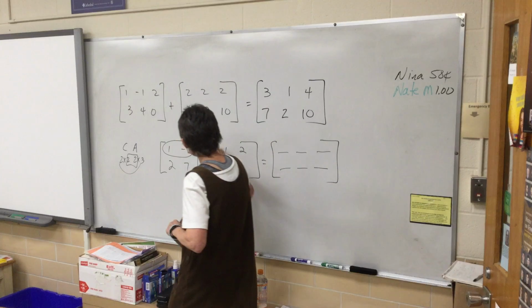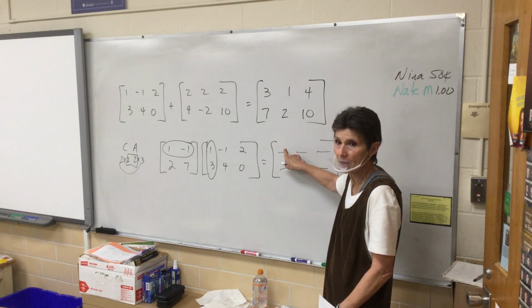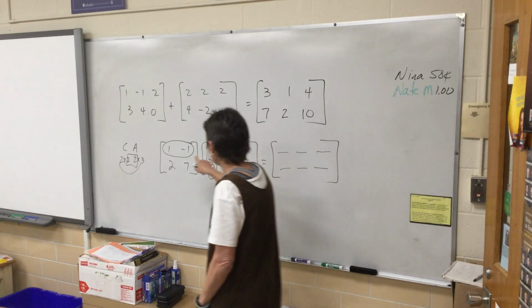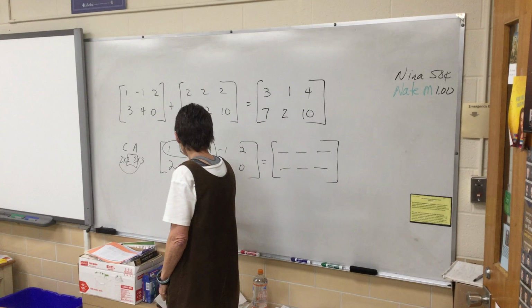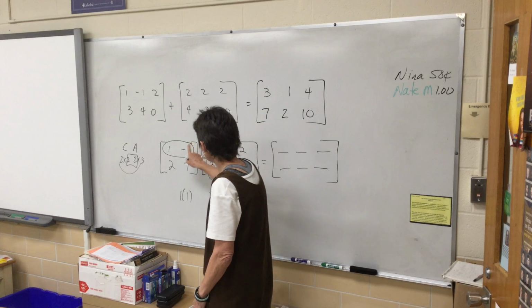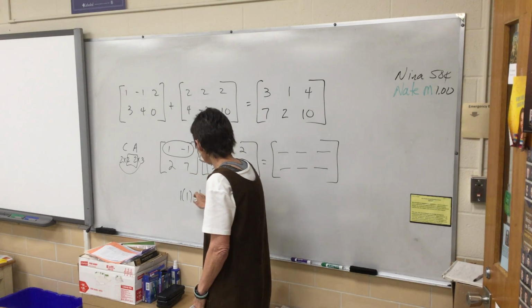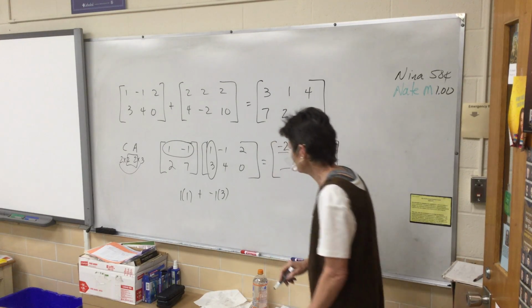So first row times first column will give me the entry in the first row, first column. So I write down the first row, and then the first column, matching up the first number with the first number and the second number with the second number. Multiply each pair and add, so it looks like that's going to be a negative 2.